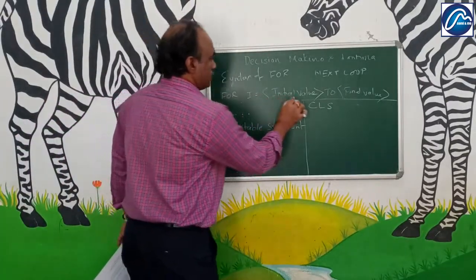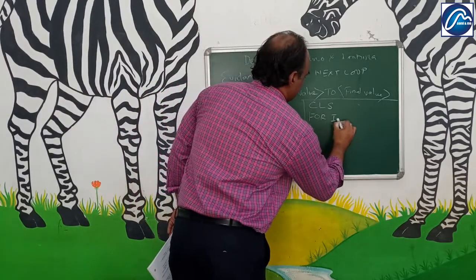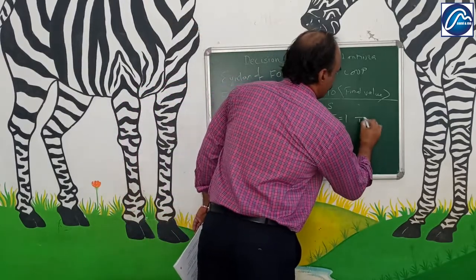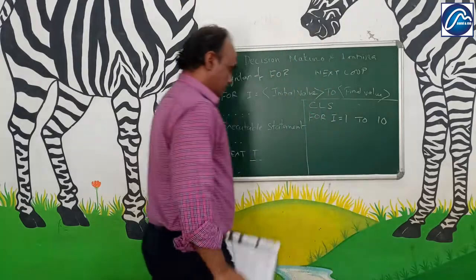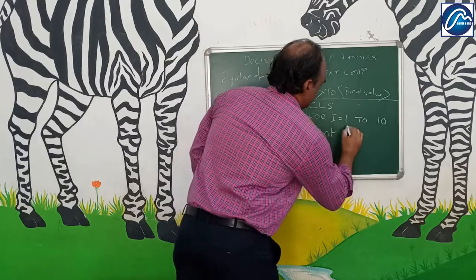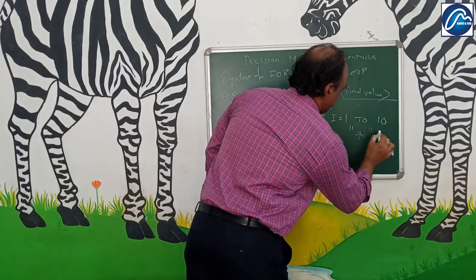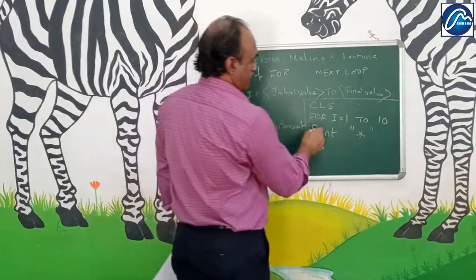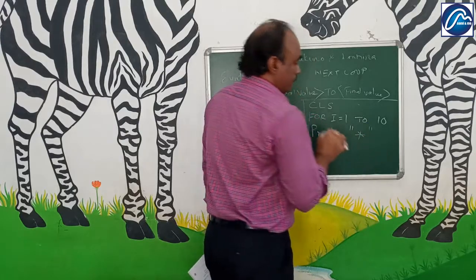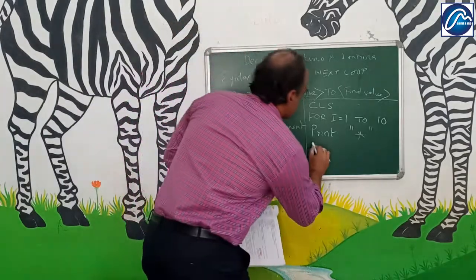For I is equal to initial value 1 to final value 10. Print, in inverted commas, an asterisk. What it means is that when the program is executed, whatever is inside the inverted commas gets printed on the screen. Next I.